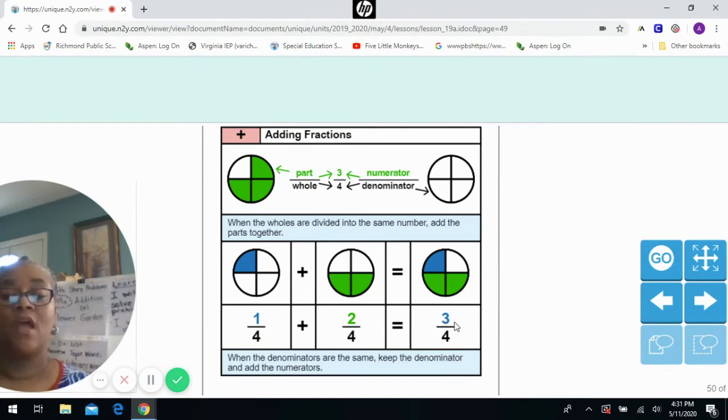And the number is 3. So when the denominators are the same, keep the denominator and add the numerator. See how they did that? We kept the denominator, and the only thing we had to add was the numerators.